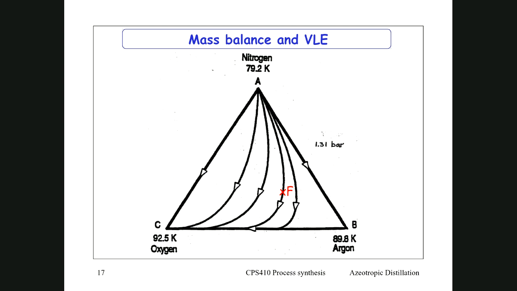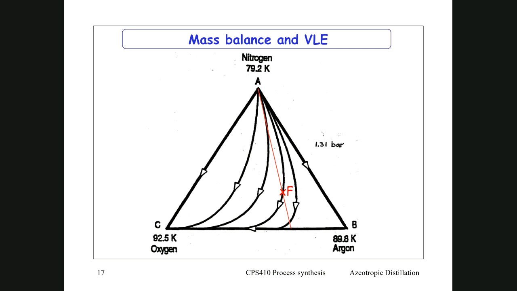If we operate the distillation column in such a way that we have pure A, then by the mass balance and the lever arm rule, we would have something like BC on the other side of the distillation column.